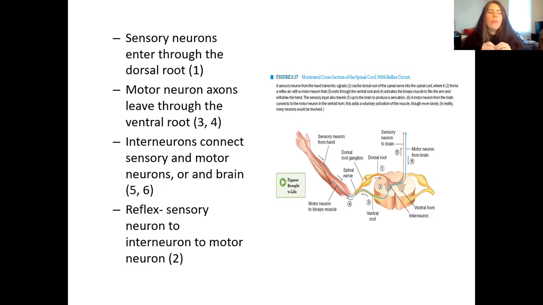We saw that there was sensory stimuli in the form of tapping or pinching on the dog's Achilles tendon, and that information traveled into the spinal cord via a sensory nerve. There was an interneuron that then relayed the message to a motor neuron that sent a message to the muscle.